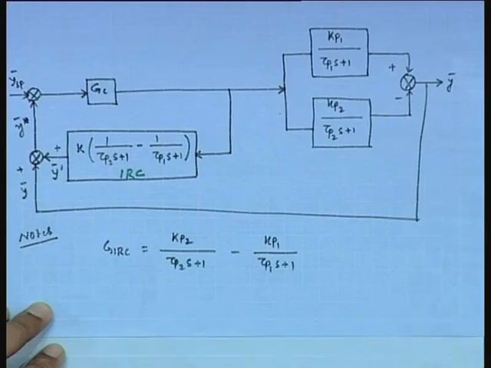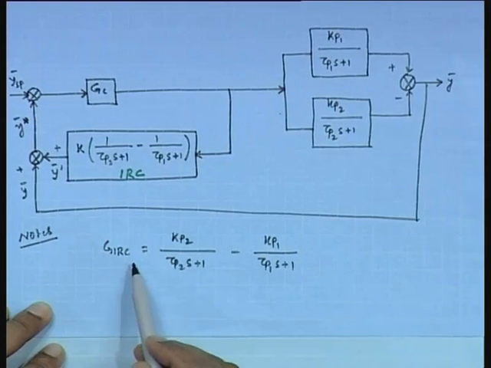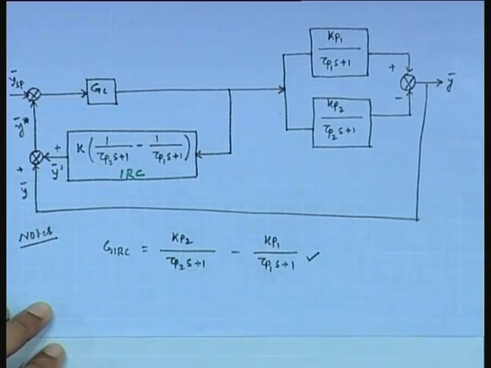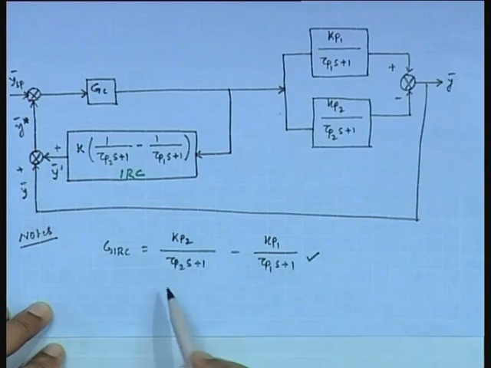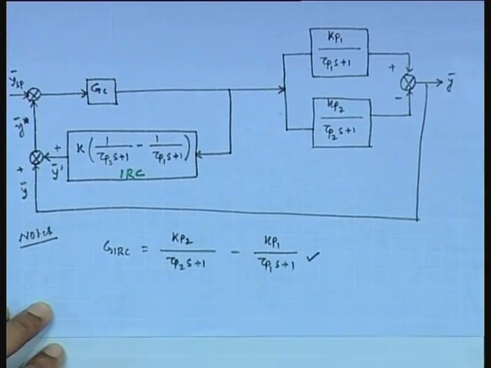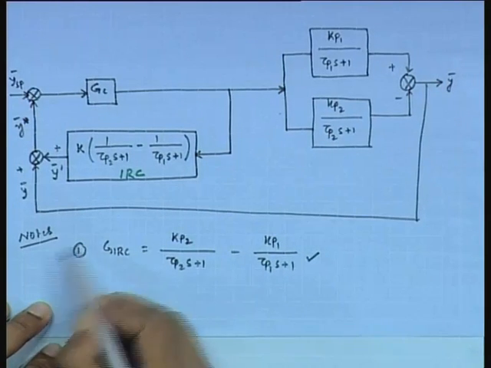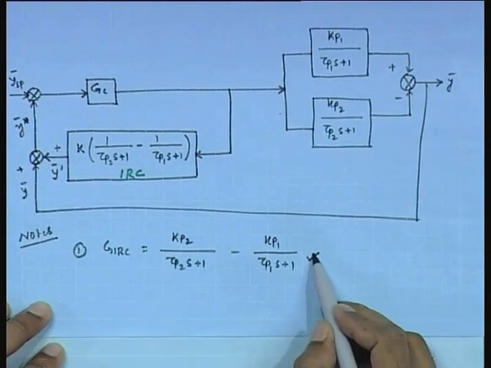We can get perfect compensation if the inverse response compensator has this transfer function. Fine. You can substitute the y prime related to this expression in the expression of y star to see the perfect compensation.